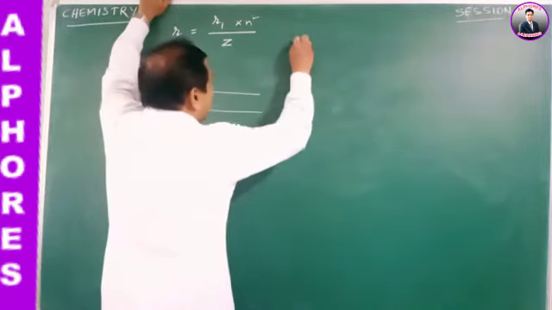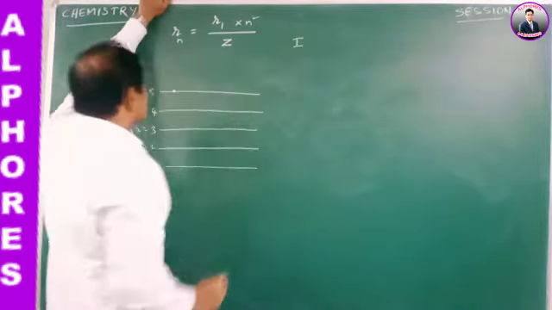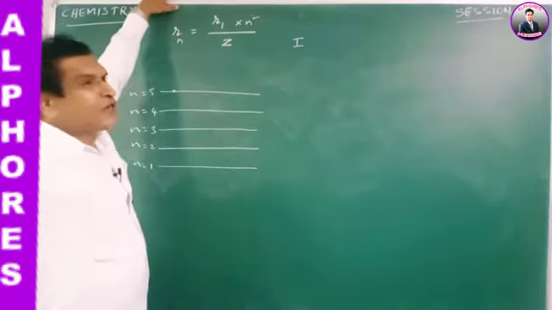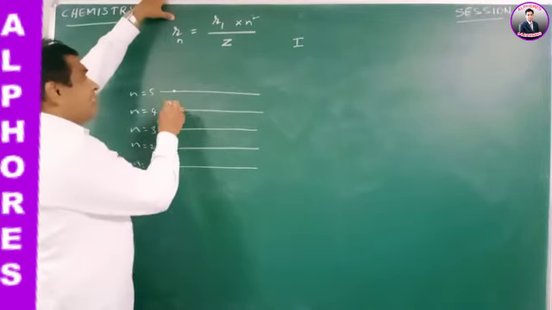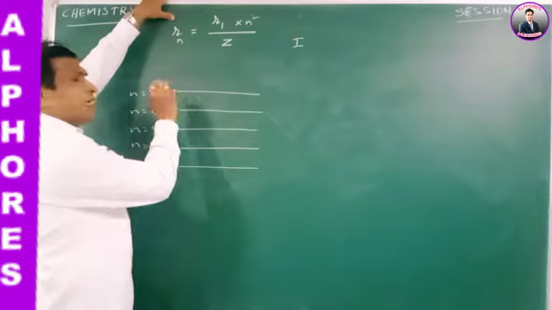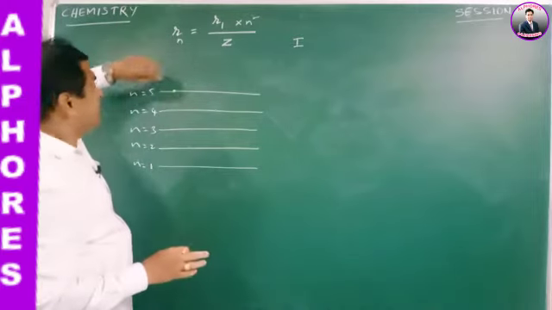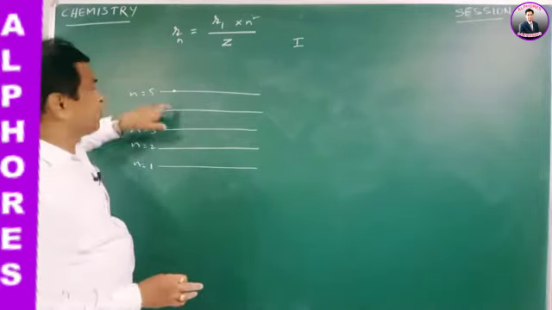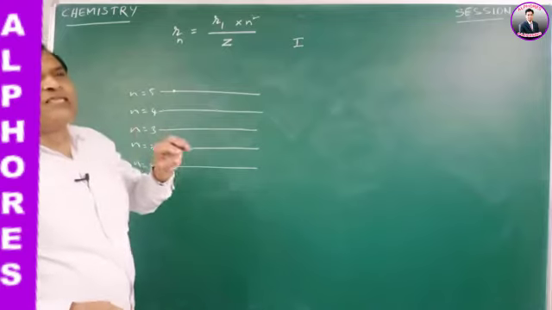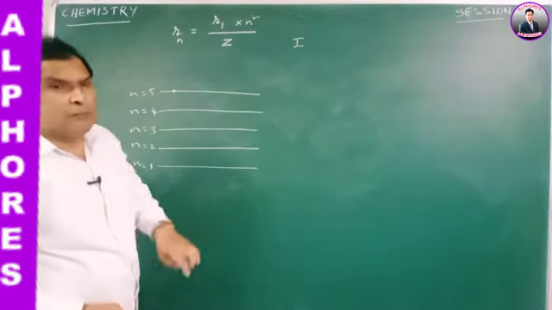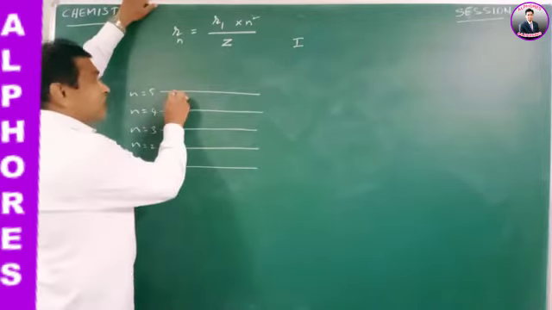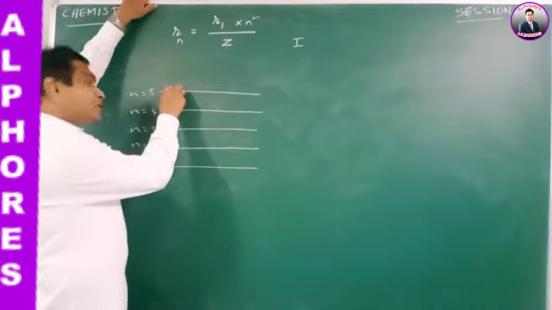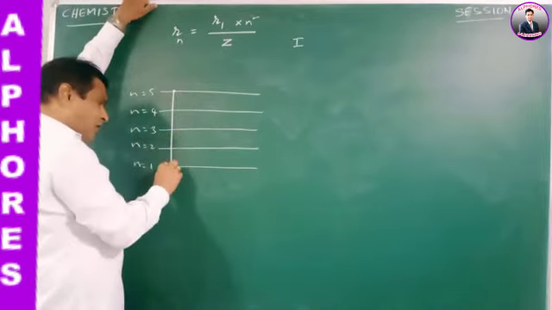Now the concept 1: when an excited electron jumps from any higher energy level, whatever it may be, 6th orbit, 7th orbit, 5th orbit, 4th orbit, to the first orbit.